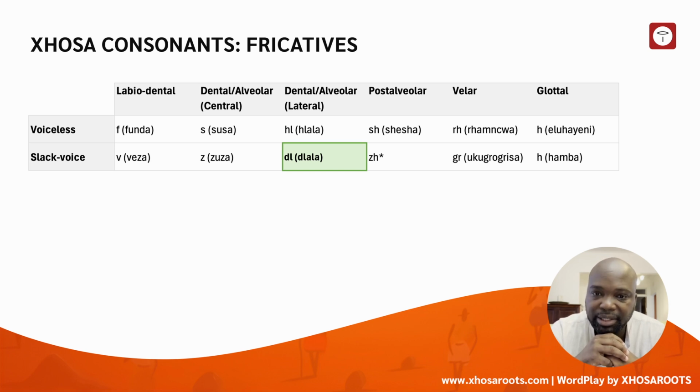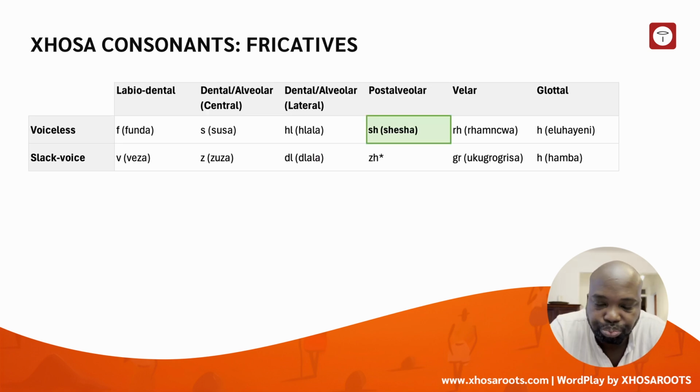And then we can move on to the postalveolar sounds. Again, we have the voiceless, sh. An example of that is shesha, to hurry, shesha, hurry up.